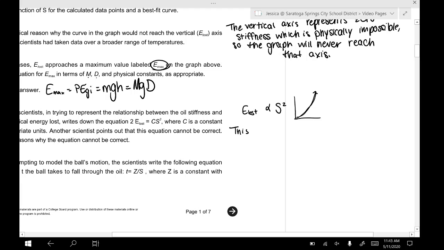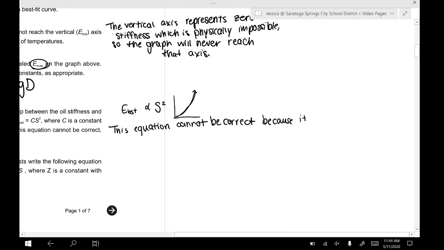So this equation cannot be correct because it suggests E lost is proportional to S squared, which 1 does not match the graph of the data.